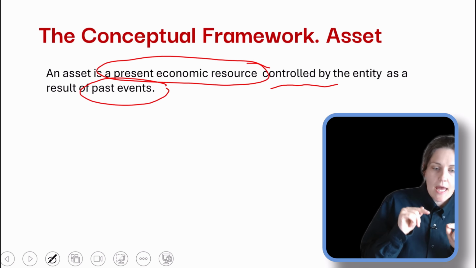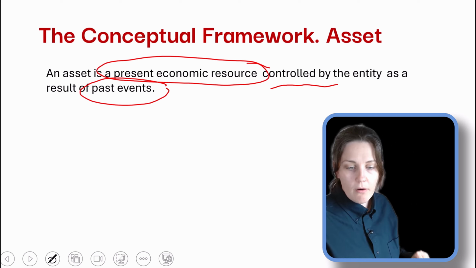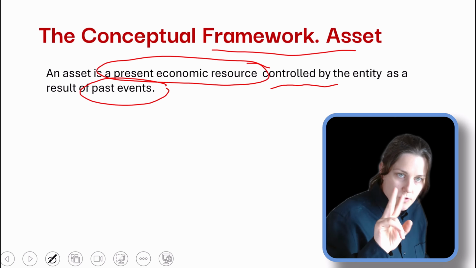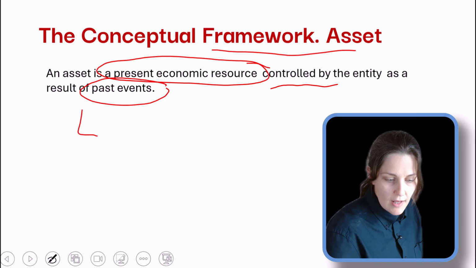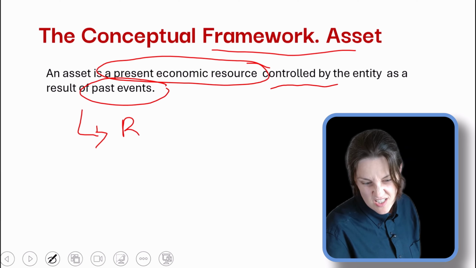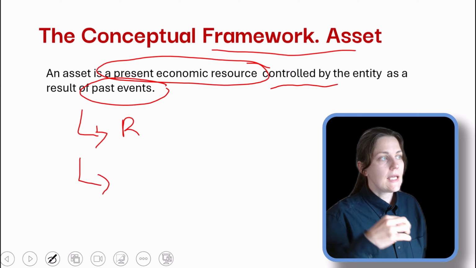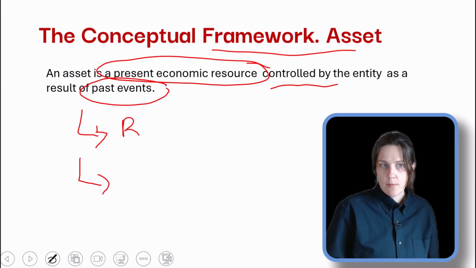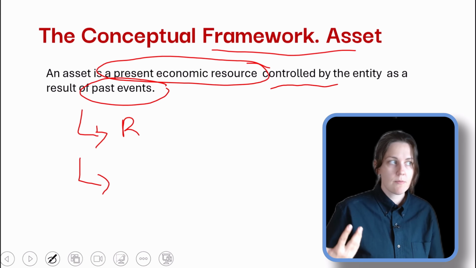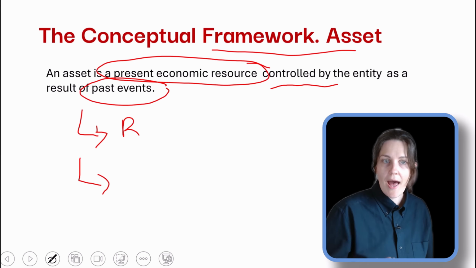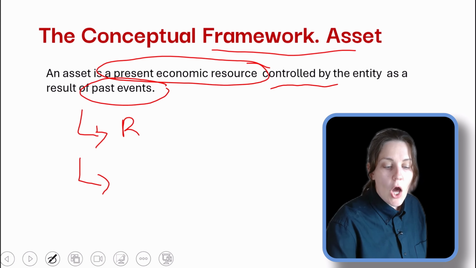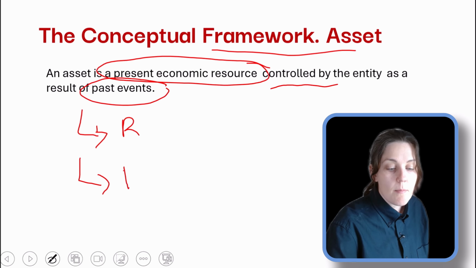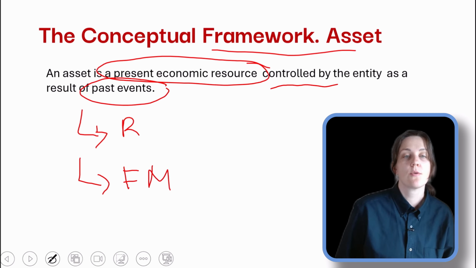But make sure that when we apply the conceptual framework, we also remember the 2 fundamental qualitative characteristics, which is relevance. And we say, yes, it is relevant because users of the financial statements would like to see the information about it because it shows them how much value their investee is going to bring. And also whether it can be measured faithfully, faithful measurement.